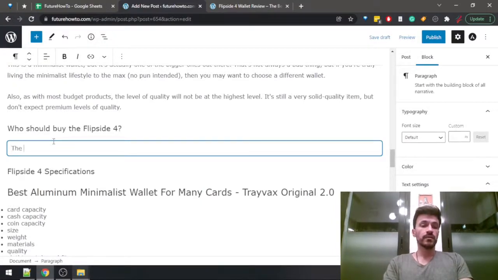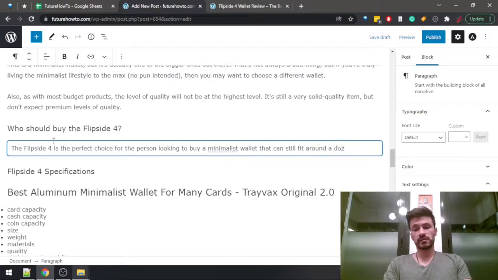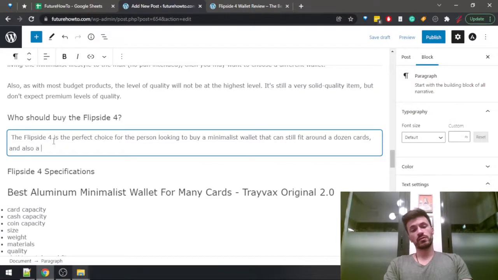So the Flipside 4 is the perfect choice for the person looking to buy a minimalist wallet that can still fit around a dozen cards and also a large number of cash bills and still doesn't break the bank.